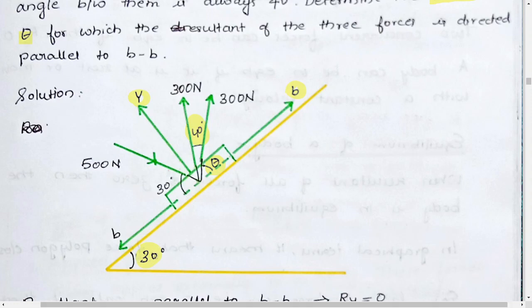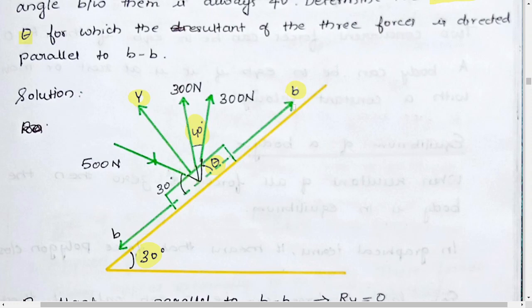The resultant in the y direction should be 0, because it is completely on BB, which is the horizontal axis.